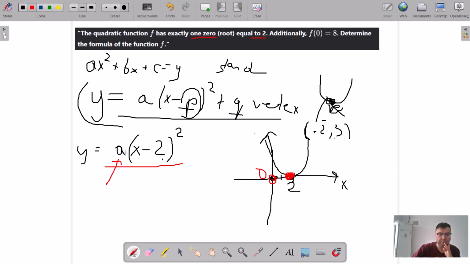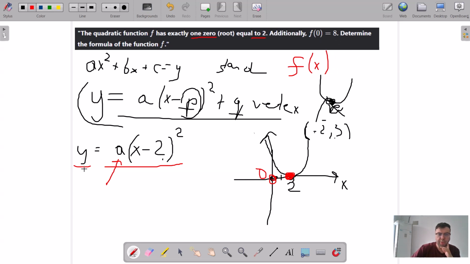But what is a? In order to find a, we can establish an equation, because y equals 8 here. We know that f of 0 equals 8. When you see f of 0, 0 means x is 0. If x equals 0, then y equals 8.